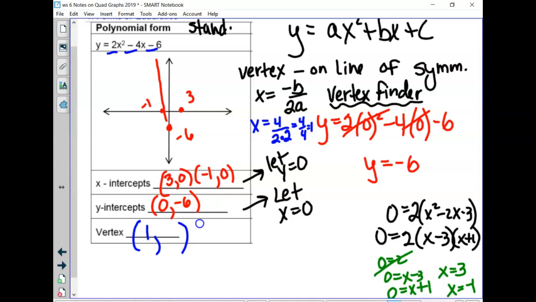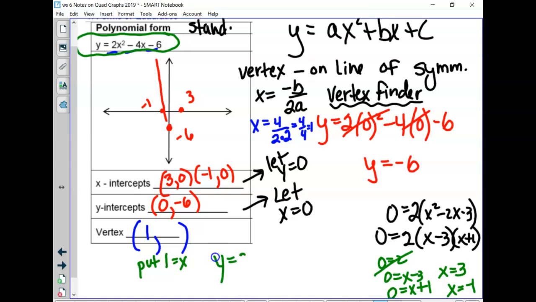Okay, now that I have that, though, how do I find the y? Yeah, I have this equation, right? So I can put 1 in for x into the equation.